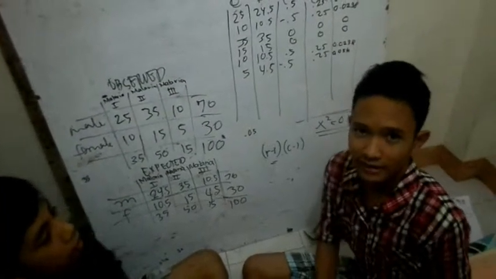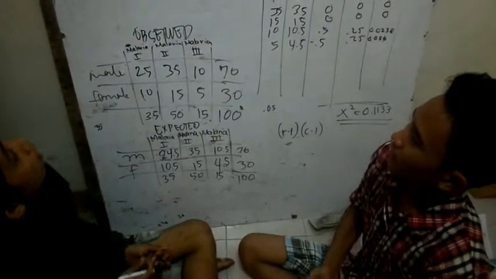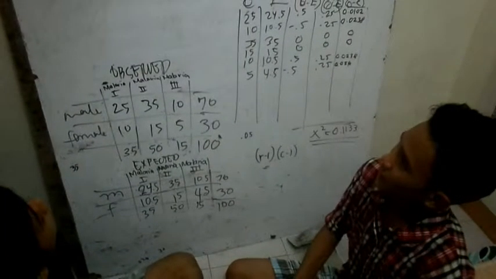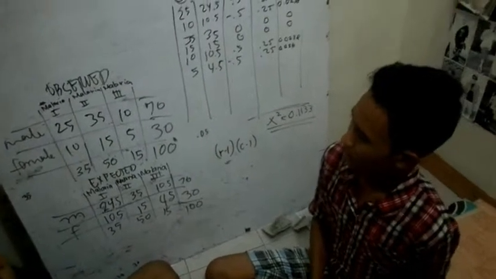So, good morning everyone. Our topic is all about the chi-square test for dependence of two attributes or variables.